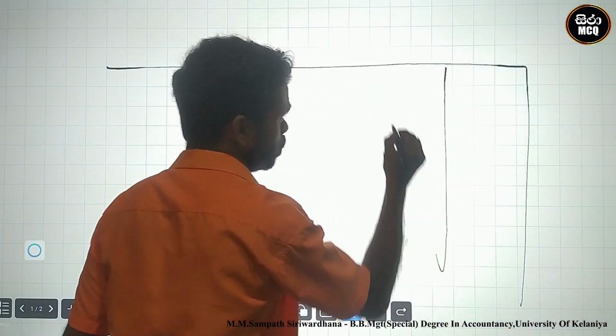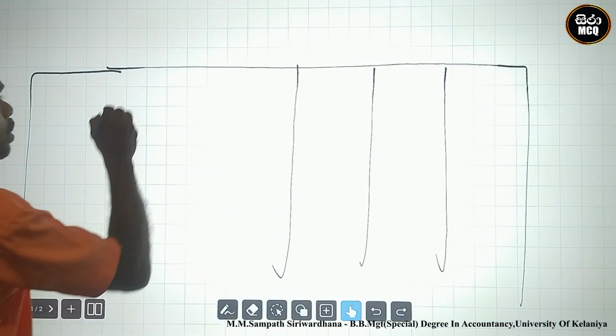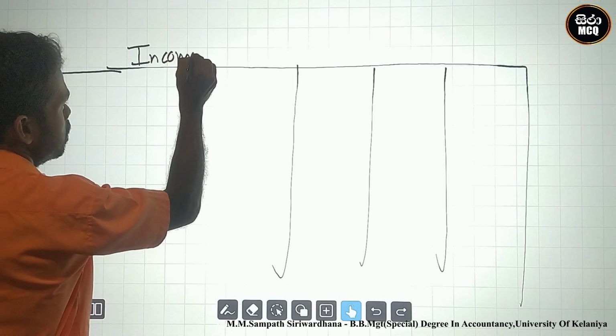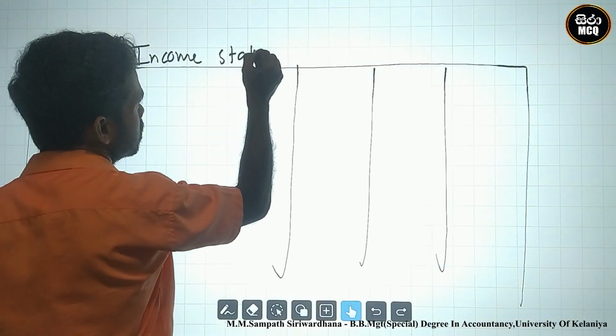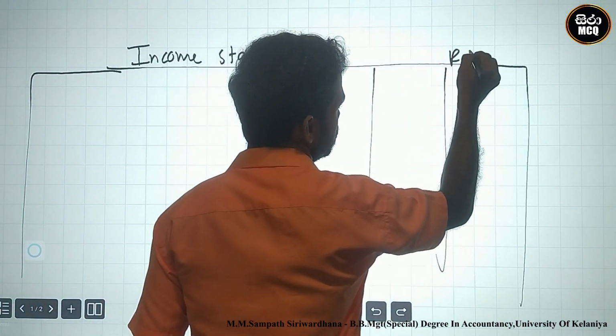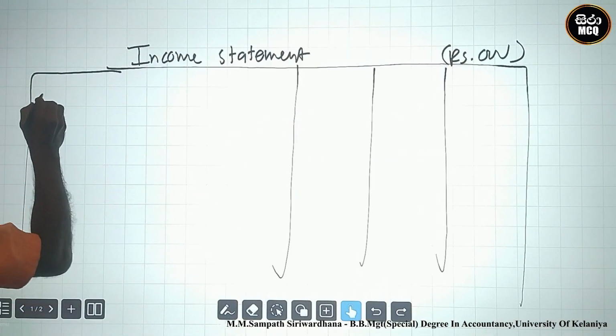This is the income statement. I use three columns, in rupees 1000. What is the structure?